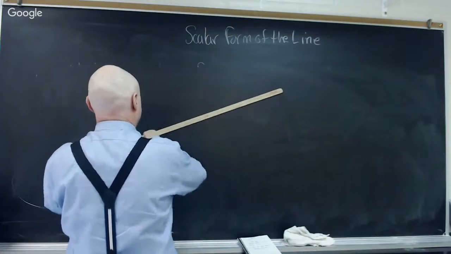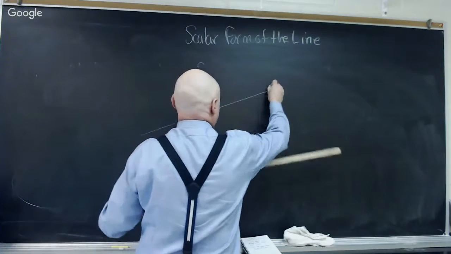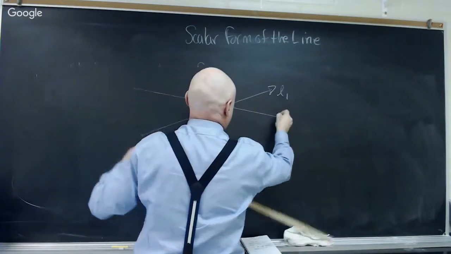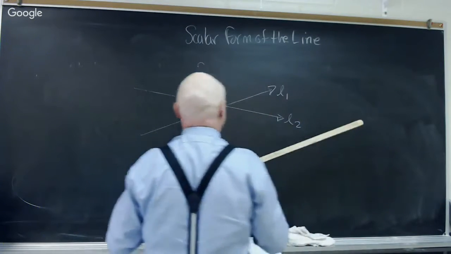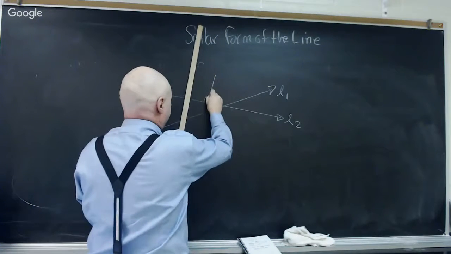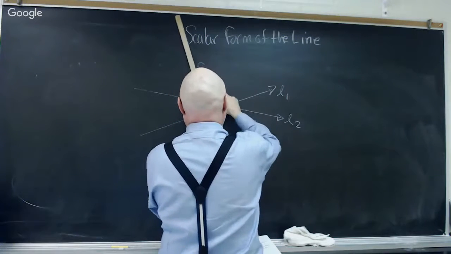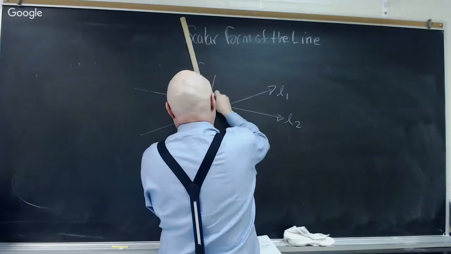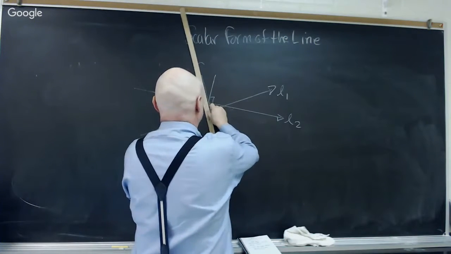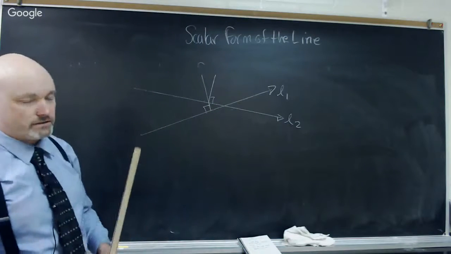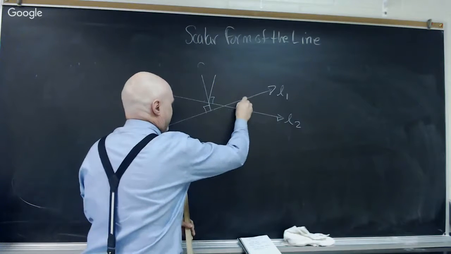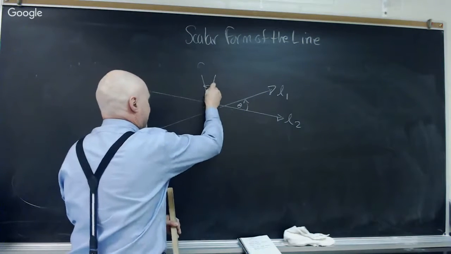So if this was line 1 and this was line 2, if this was the normal vector to line 1 right here, and that was a normal vector to line 2, or sorry, I shouldn't say the normal vector because there's way more than just one normal vector, this angle right here is equal to that angle right there.